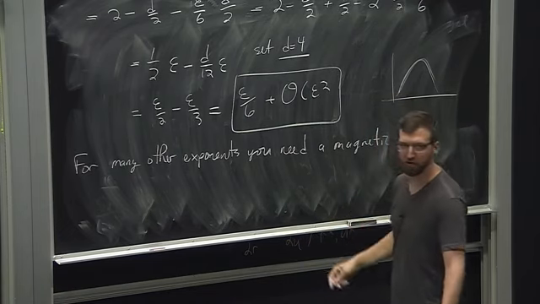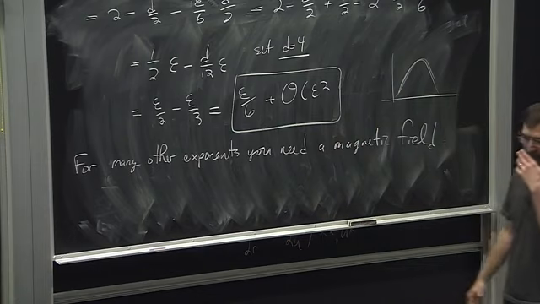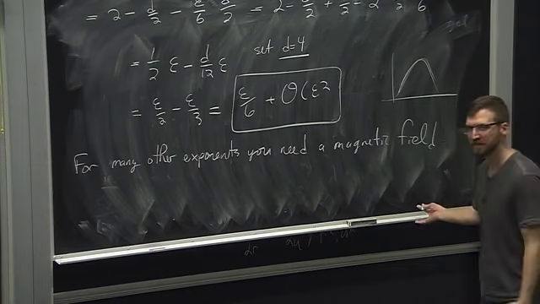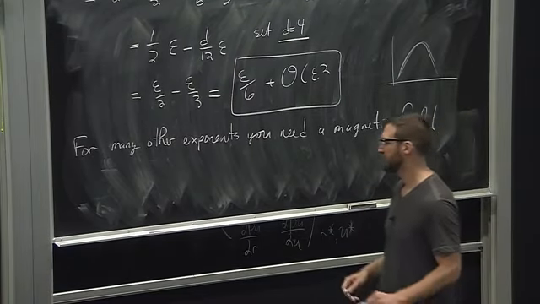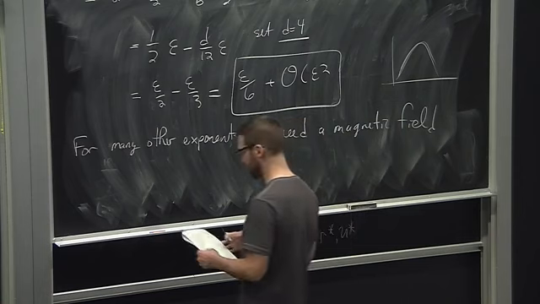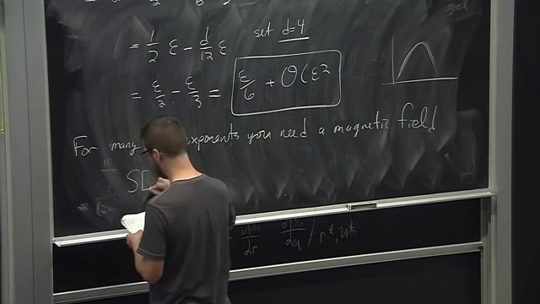So it means your Landau theory needs a term linear in the field, right? So we haven't done that. You got to put that back in and redo everything. But presumably it's not that hard.